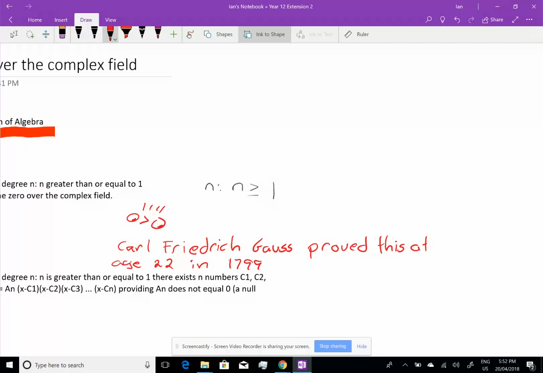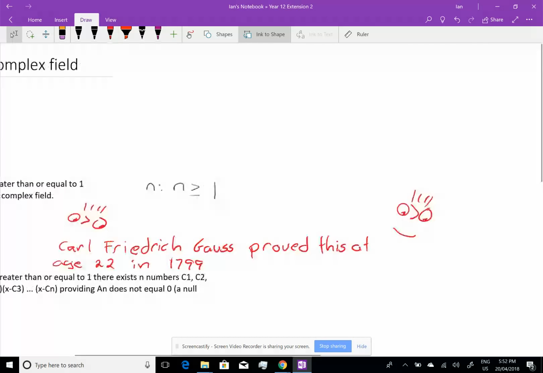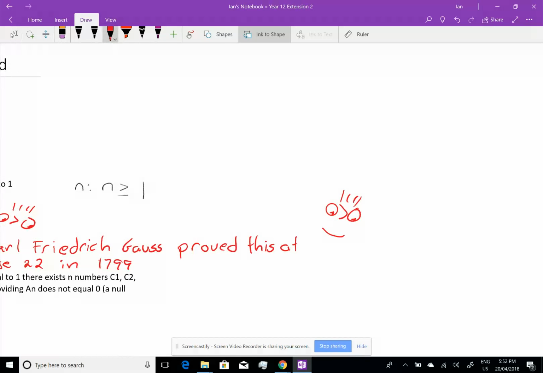So it's been around for a while, but not that long. And that means Mr. Gauss was a pretty clever fellow. That's just a bit of trivia for you.